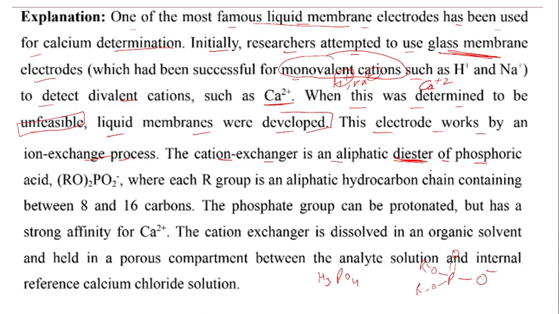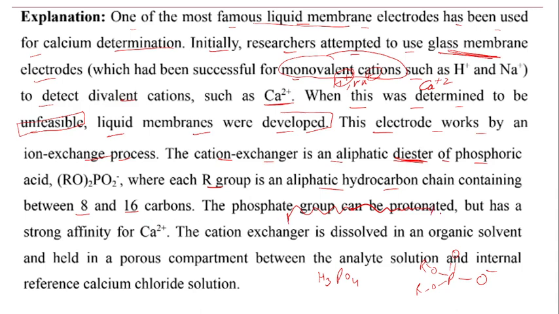So it is a diester of phosphoric acid, where this R group is an aliphatic hydrocarbon. Aliphatic means chain, like that. An aliphatic hydrocarbon chain containing 8 to 16 carbons. So the chain length is about 8 to 16 carbons.